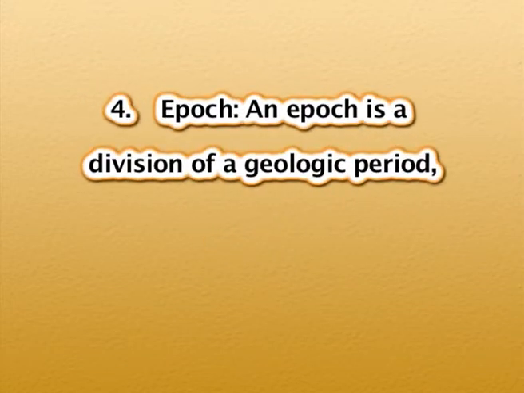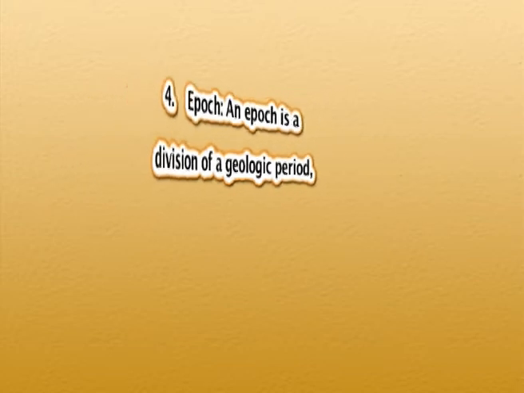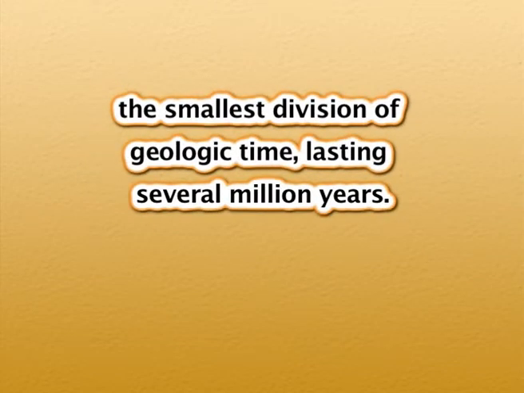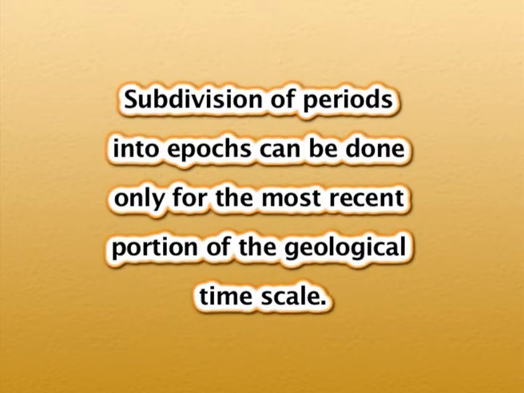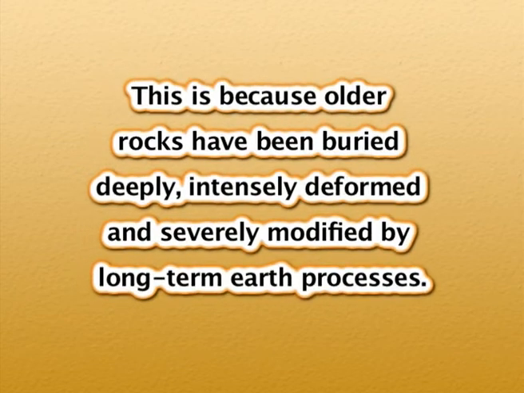Now let us talk about epoch. An epoch is a division of a geological time period, the smallest division of geological time, lasting several millions of years. Subdivision of periods into epochs can be done only for the most recent portion of the geological time scale. This is because older rocks have been buried deeply, intensely deformed, and severely modified by long-term earth processes.